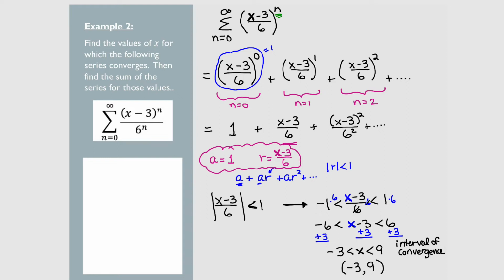This series that I have has an interval of convergence, or in other words, converges for x when x is in between negative 3 and 9, or specifically, when x falls in the interval negative 3 to 9.